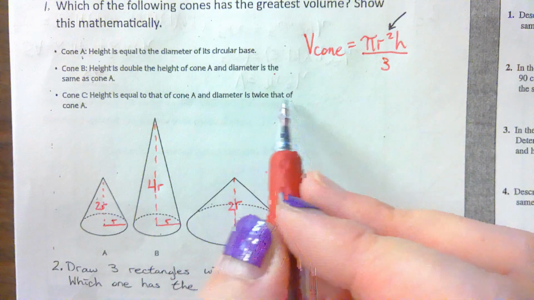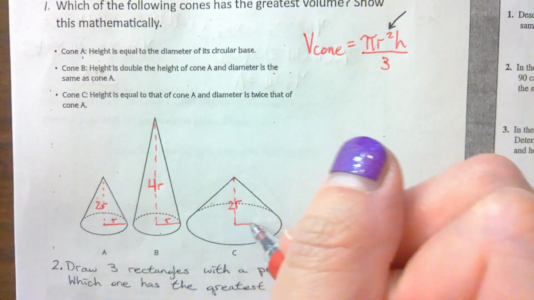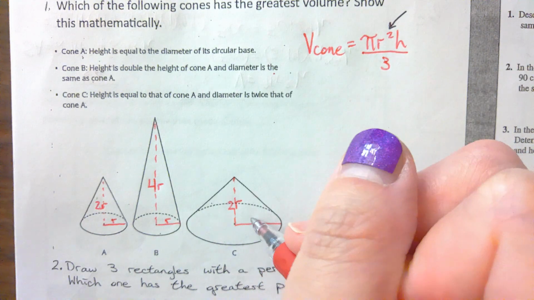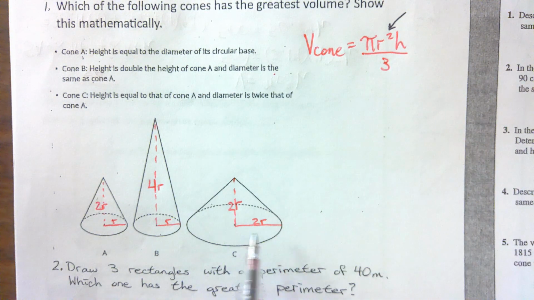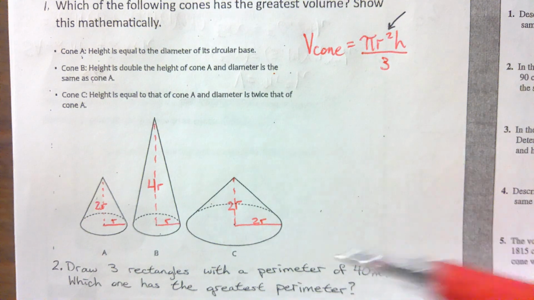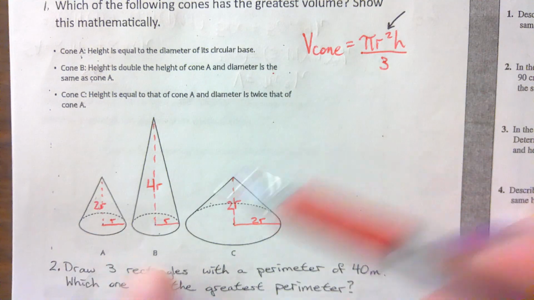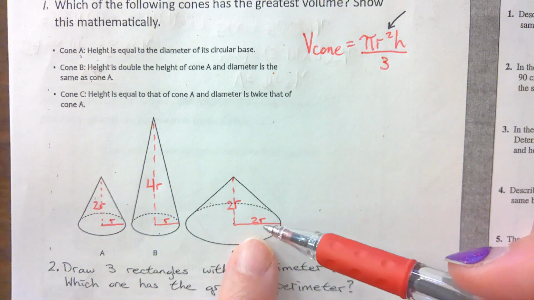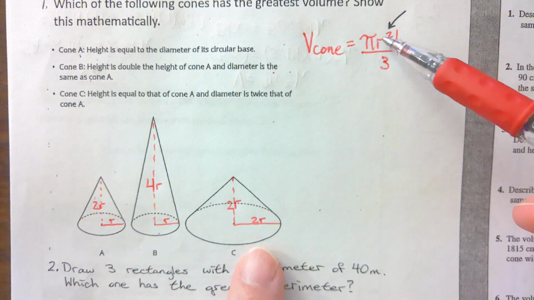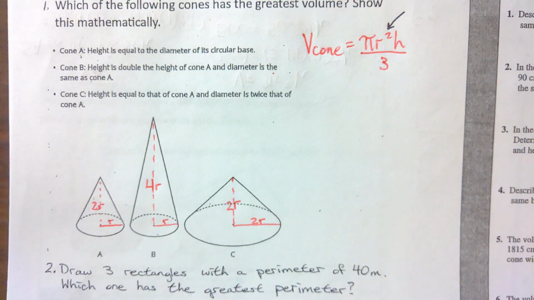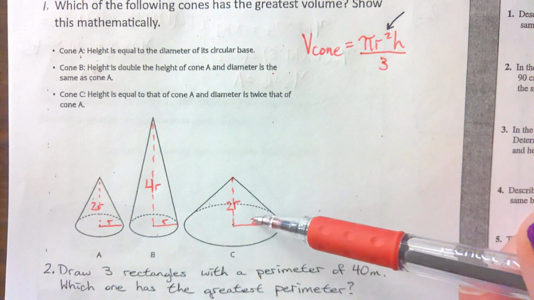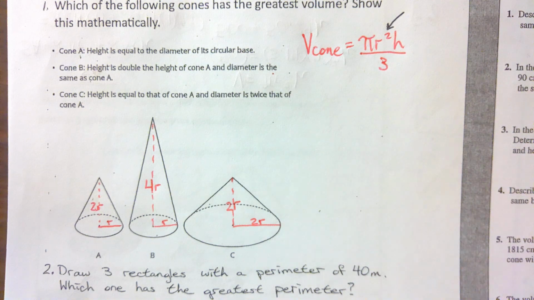And then the diameter is twice that of A. So the diameter right here is 2R. So if you substitute all these into the formula, you'll see that this one will have 4 times as much actually. Because the 2 times the 2 will give you the 4.